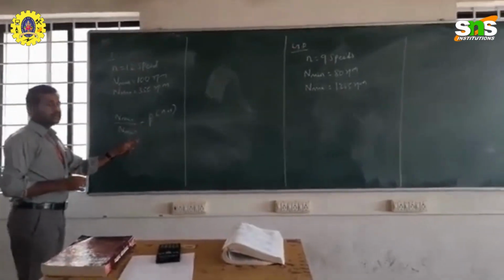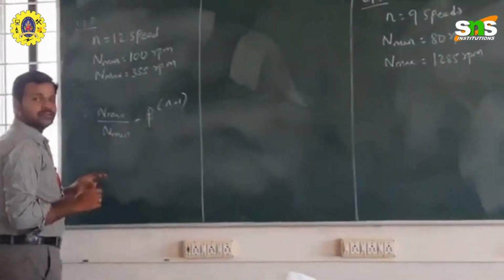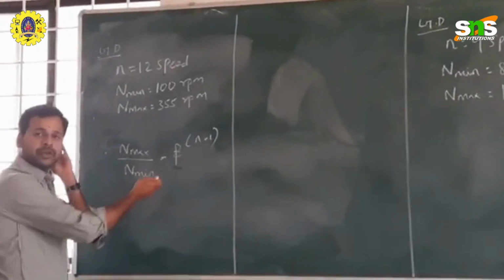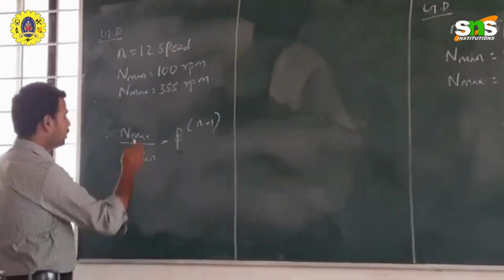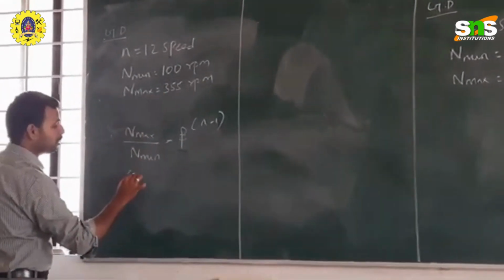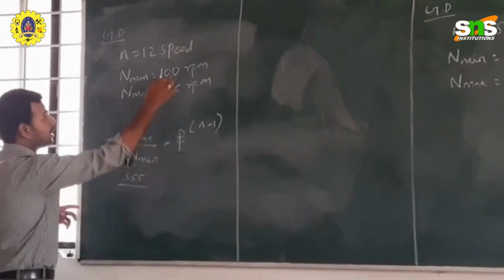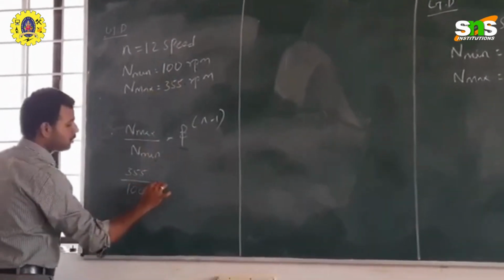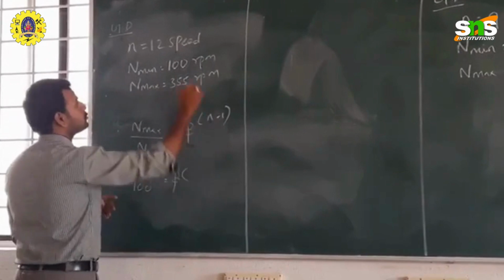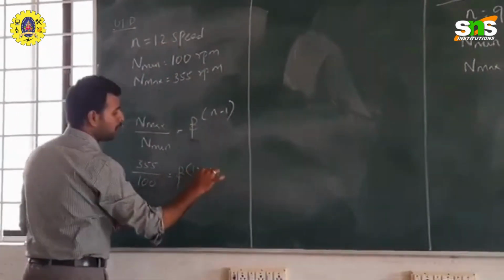This is also called the step ratio or progression ratio. n maximum is directly given in the problem as 355 and n minimum as 100, equal to psi to the power n minus 1, where n is the number of speeds, 12, so 12 minus 1.